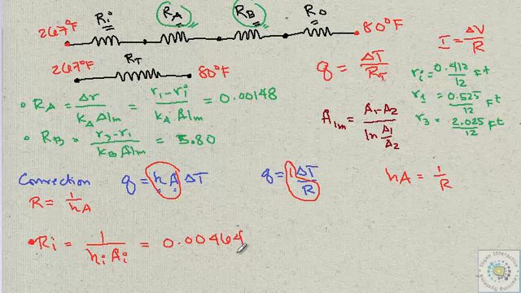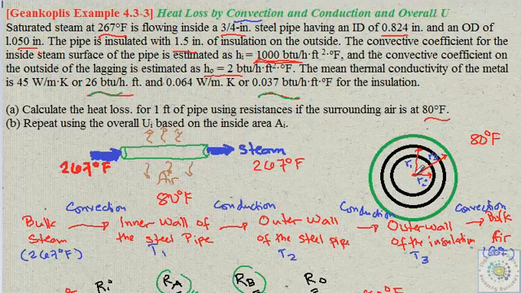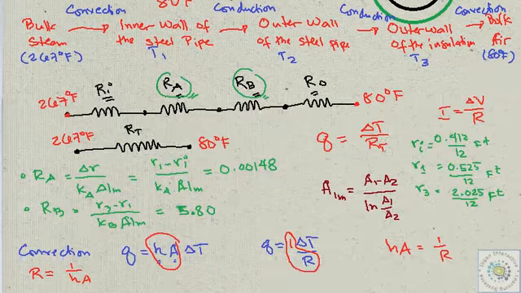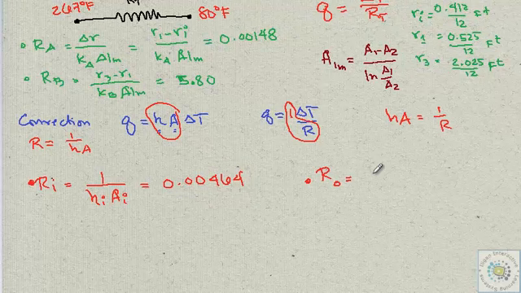Similarly, for the air outside the pipe, there will be convection from the steam to the inner wall, and when the heat reaches the outer wall of the pipe, it needs to be transferred to the air, which is another convection. So we have Ro, the resistance offered by the air, which will be 1 over ho, the convective heat transfer coefficient of the air.